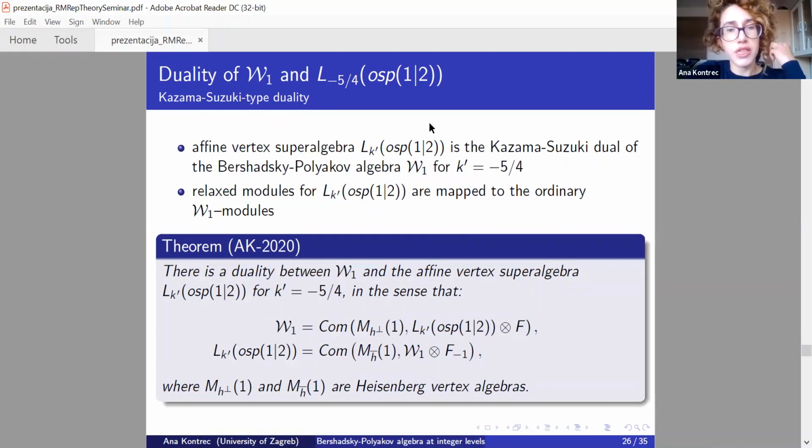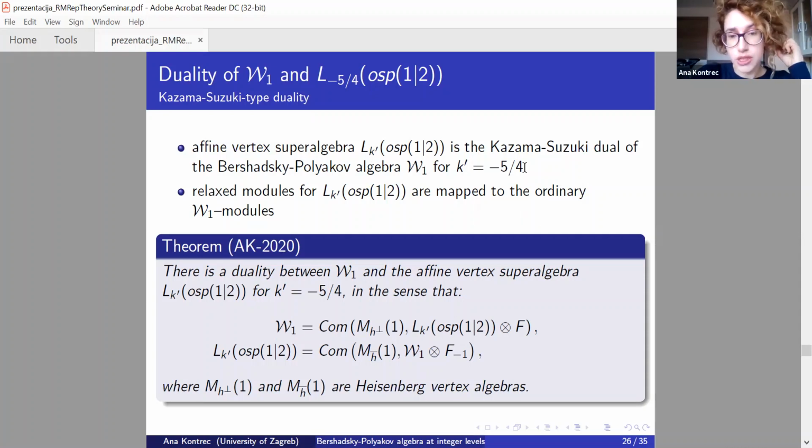Okay, so basically what holds here is that the affine vertex superalgebra L_k of OSP(1,2) is the Kazama-Suzuki dual of the Bershadsky-Polyakov vertex algebra W1, for this level k prime equals minus 5/4.